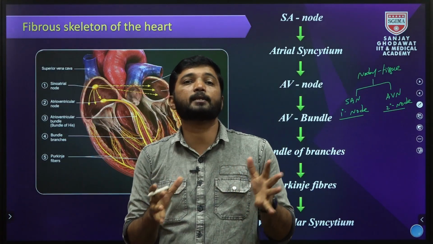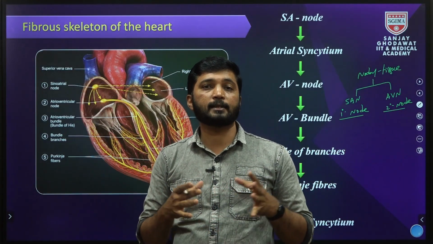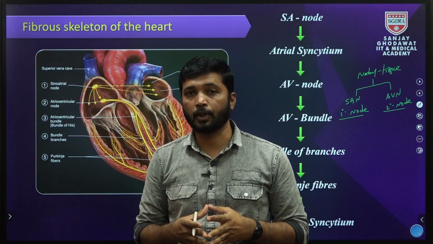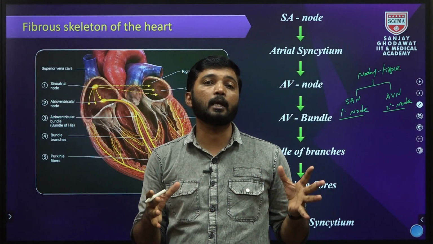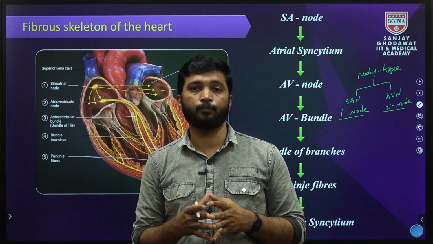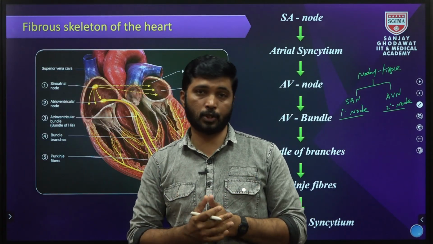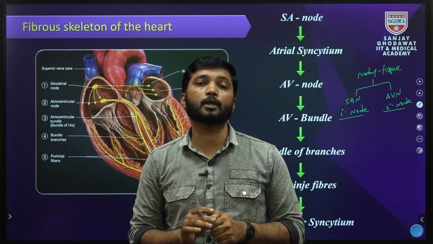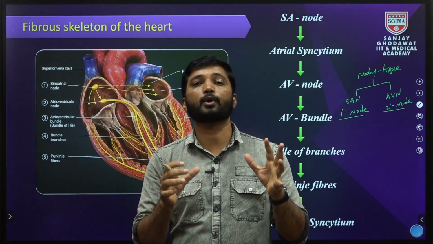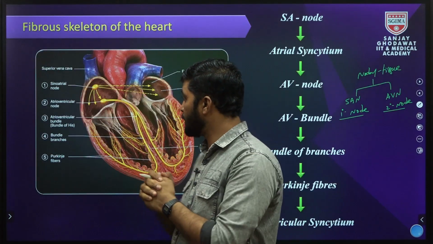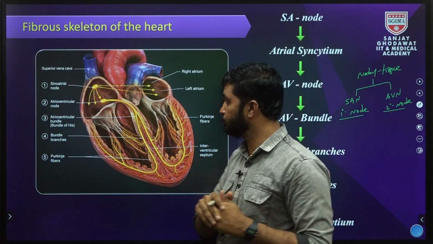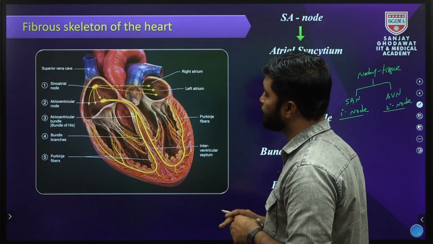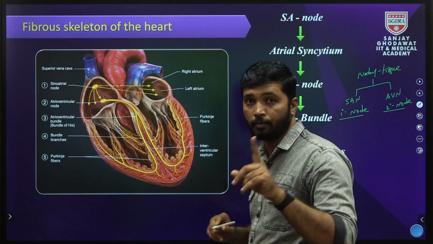This specialized tissue in the heart has the ability to generate action potential without any external impulse. That is the autorhythmic nature: without any help it can initiate action potential to trigger the cardiac events in the heart. That is the importance of the nodal tissue. First, the primary node position is important.